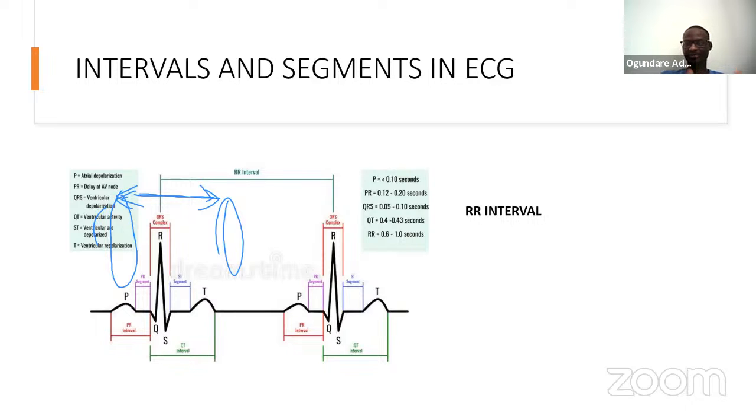The RR interval, if the patient's heart rate is dropping, because I told you that's the end of a ventricular contraction to the start of another one. So if the patient is now having maybe a heart rate of 30, will this RR interval be widening or will it be reducing?